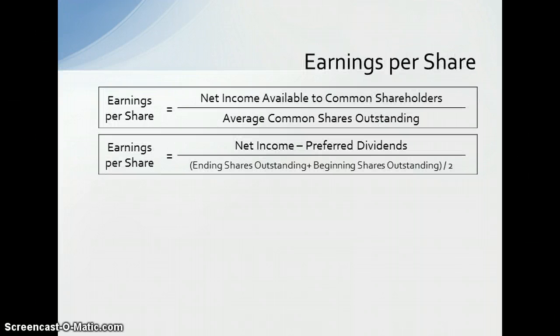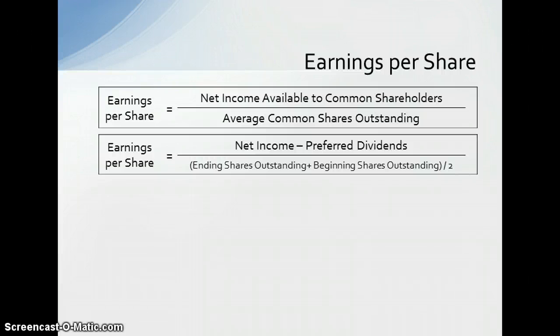One of the most common ways to evaluate the stock price or the affordability of a corporation is to look at its earnings per share. Earnings is net income. Per share is the number of shares that are outstanding.